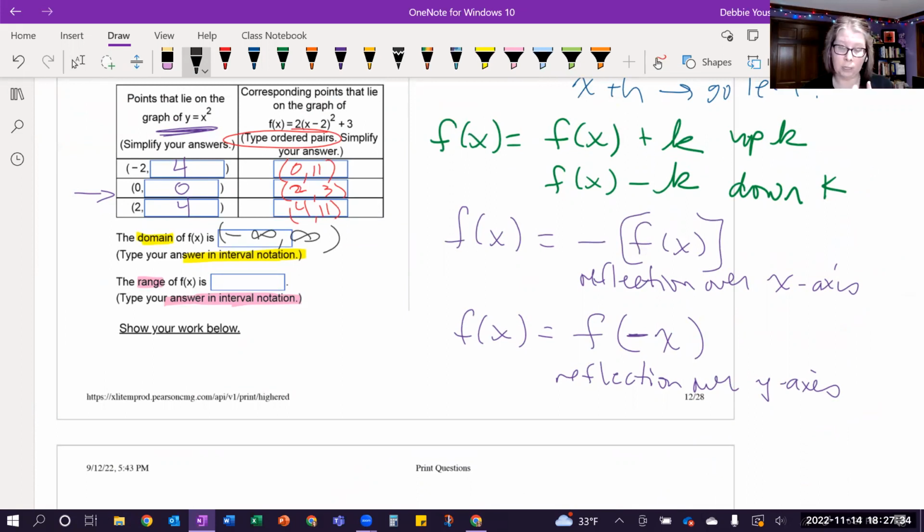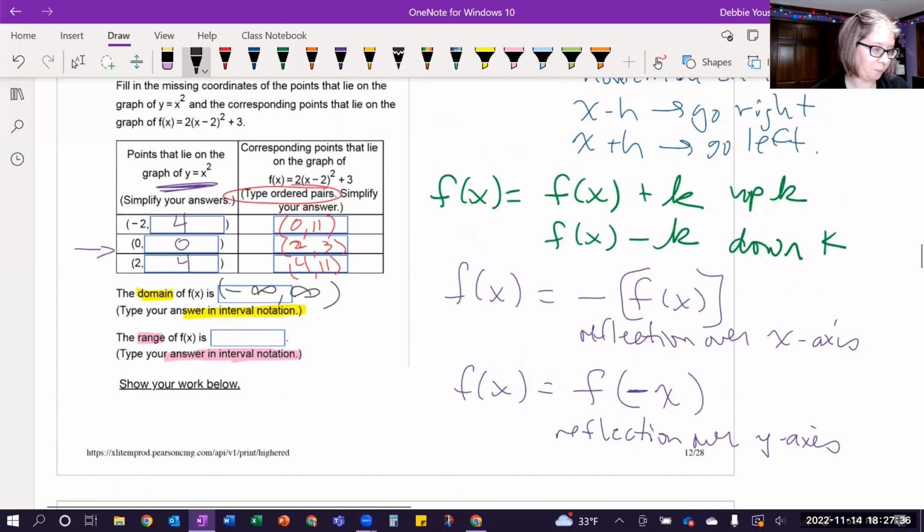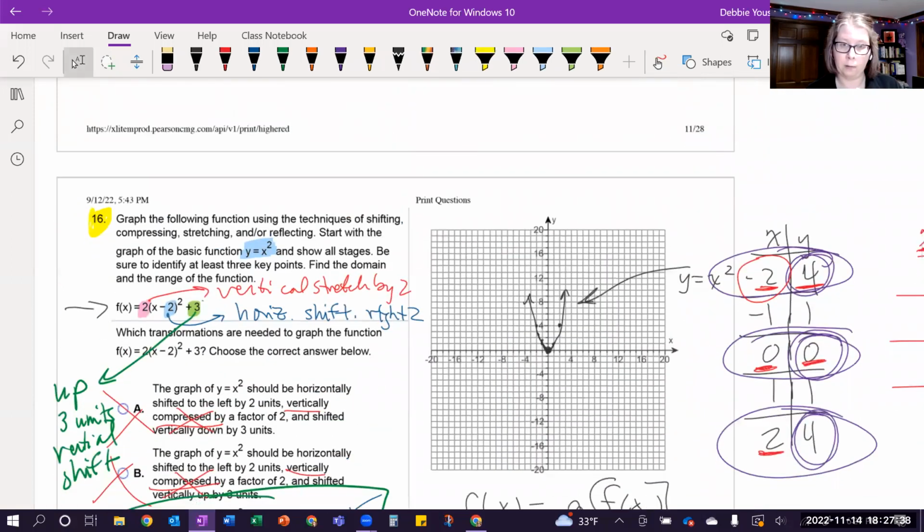For the range, this is a little bit different though. We're taking this parabola and we're going to vertically stretch it by 2, okay? And then we're going to shift it to the right by 2. So it's going to move to the right and it's going to vertically stretch up. But then it's going to move up vertically, a shift by 3.